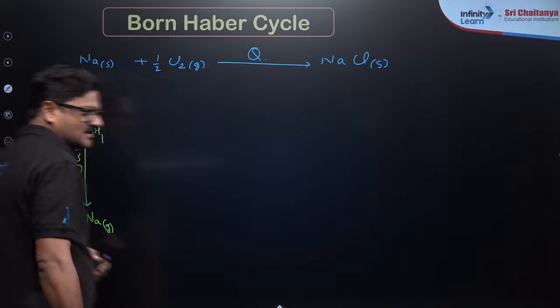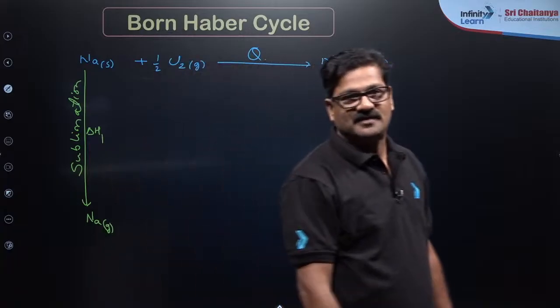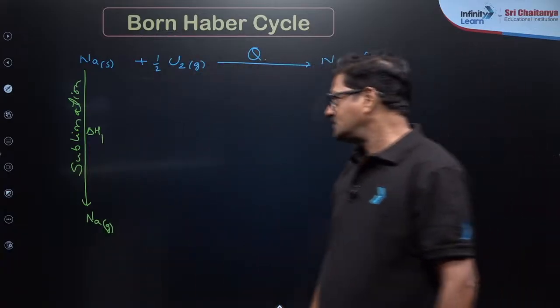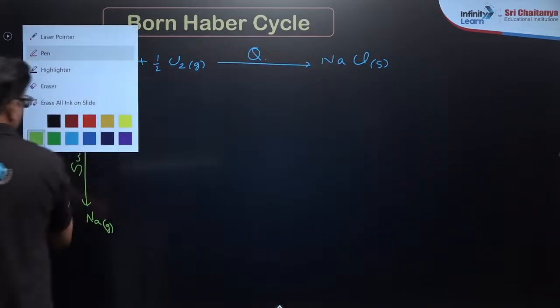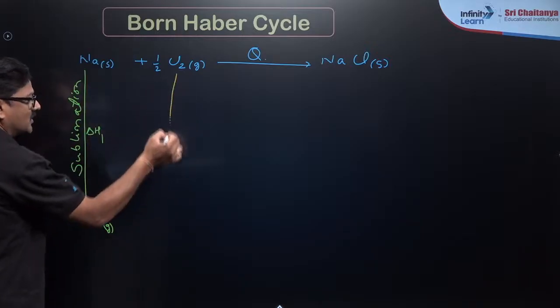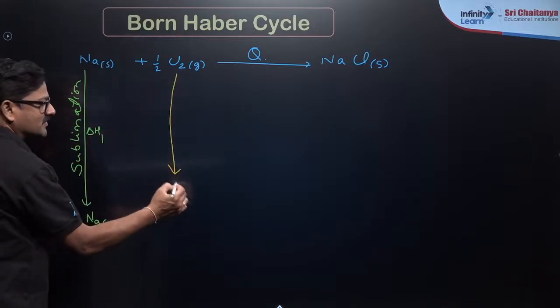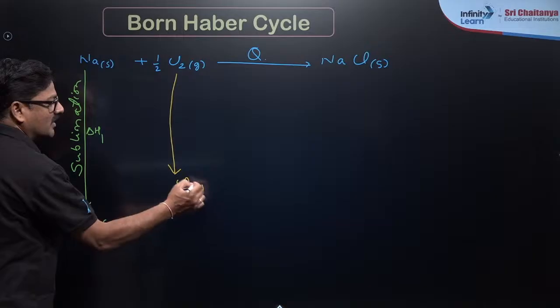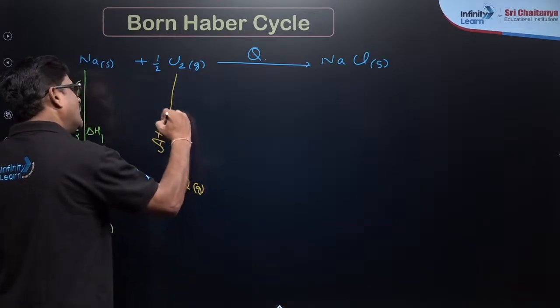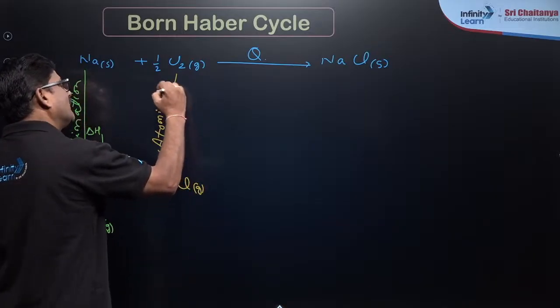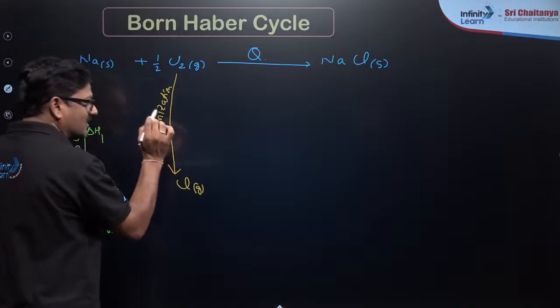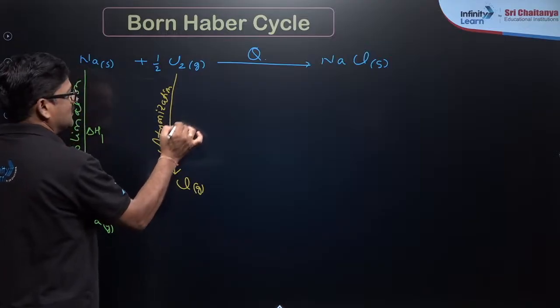Delta H1 you can say, enthalpy of sublimation. And let us see chlorine, it is doing dissociation to get 1 mole of chlorine atom. This process is called atomization. It is going to be delta H2.